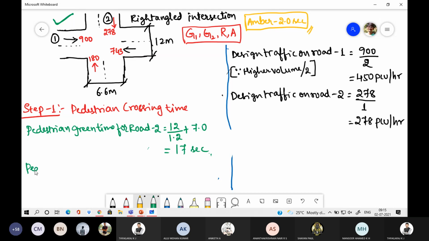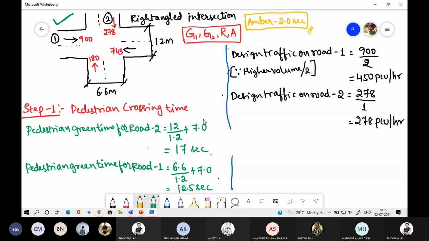Similarly, calculate the pedestrian green time for road 1. The width of the road is 6.6 divided by 1.2 plus 7.0. So we are going to get 12.5 seconds. Is it understood why I have taken 12 divided by 1.2 plus 7?